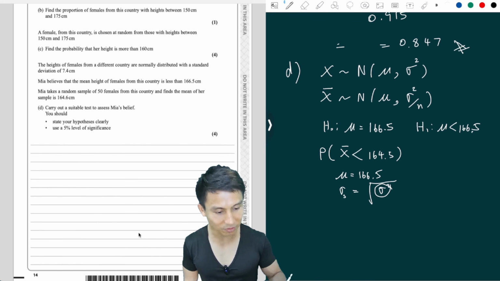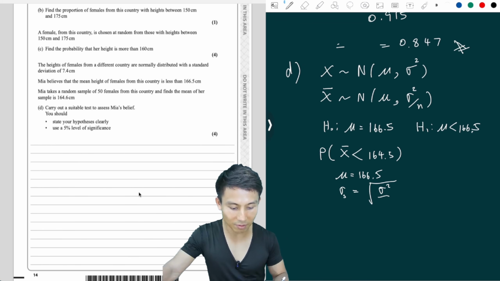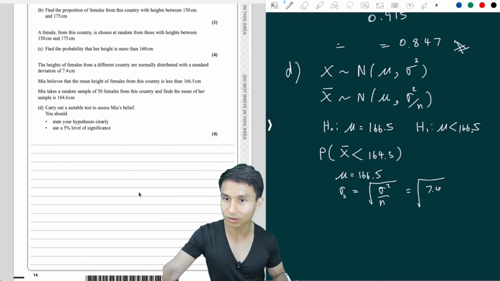This is the sigma of the population divided by n, which is the number of samples. Sigma of the population is 7.4, normally distributed with standard deviation 7.4. Then we square this, and the number of samples would be 50.